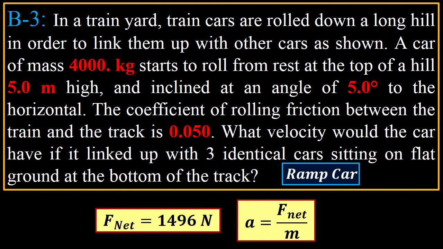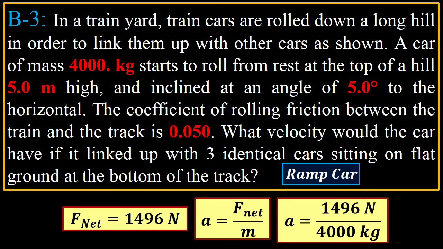But let's find the acceleration, because when you see F net, you always think acceleration, then maybe something will come to you. We're 5 meters high at the top of the hill. So there's the acceleration: 1,496 divided by 4,000. So it's going to be a very, very slow acceleration.